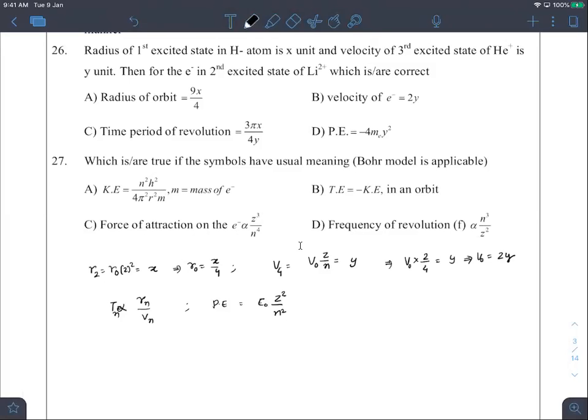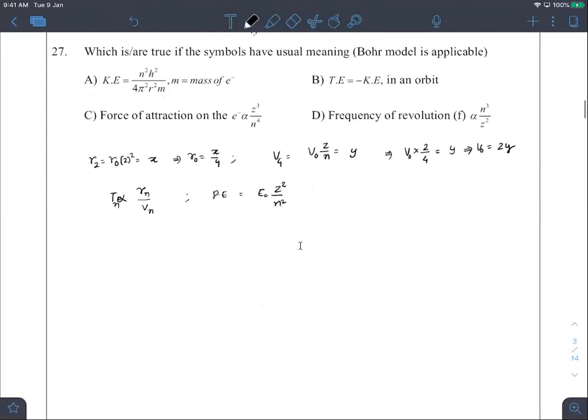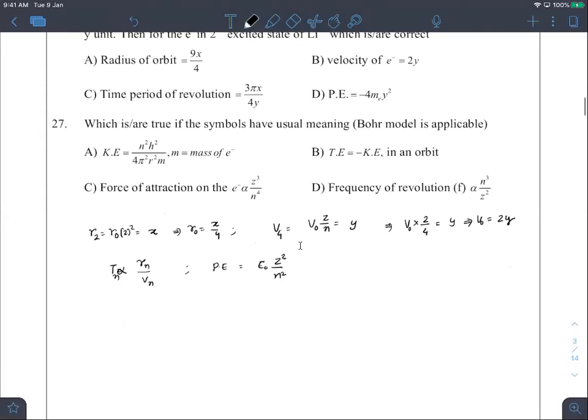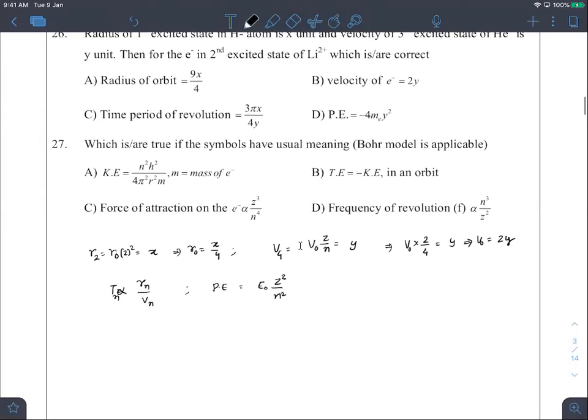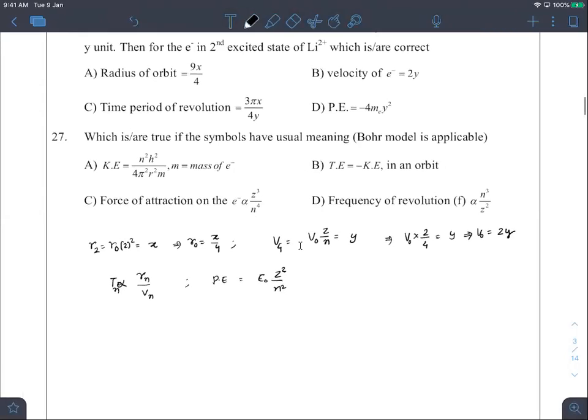I think B should also come. Check. Is that fine? Okay. So radius of second excited state of lithium. Second excited state as in n is equal to 3. And here we got two things.